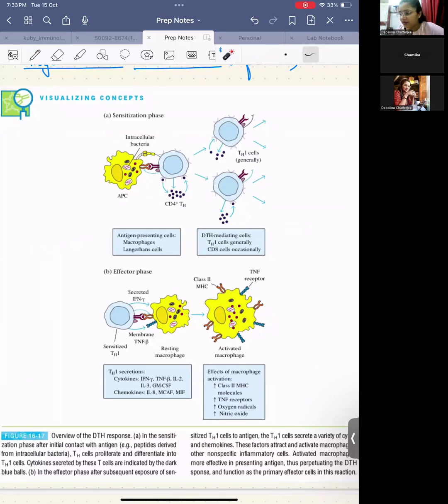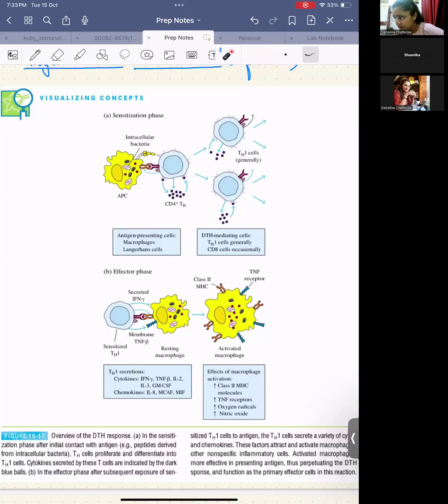Now, macrophages are antigen presenting cells. We have a certain intracellular bacteria that has been phagocytosed by the macrophage, and eventually it is going to present it to your Th cells.